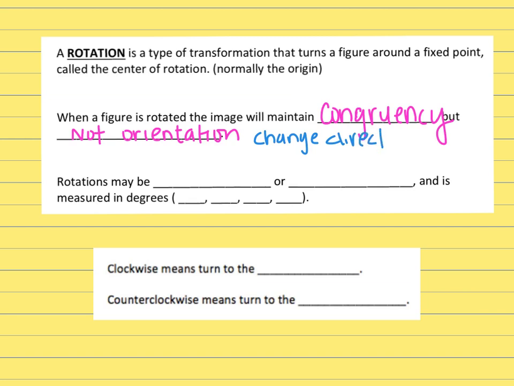Change direction. And that is a D. Okay. The next part, it says rotations may be clockwise or counterclockwise.